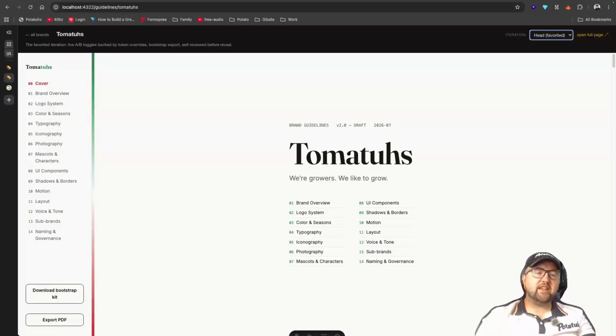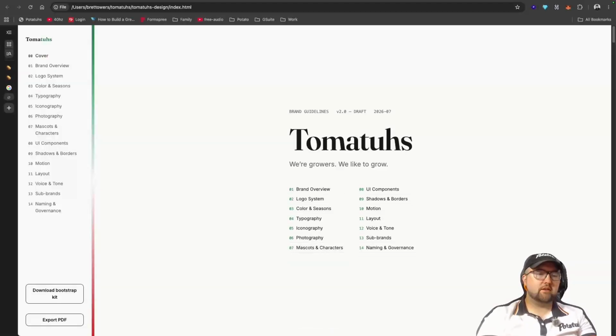It had these decals that I really liked. Let's try cd tomatoes, ls, cd tomatoes design, ls, npm run dev. Nope, just open index.html. Is it that same one?